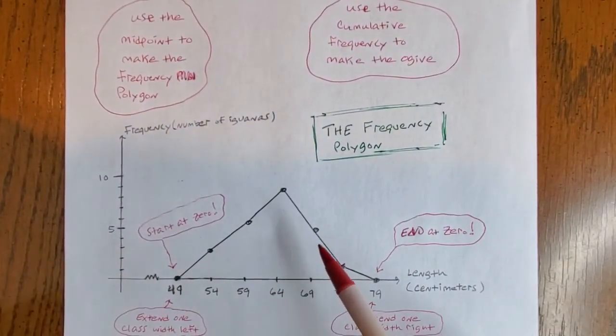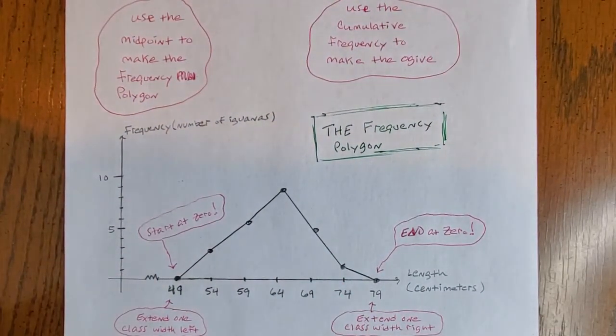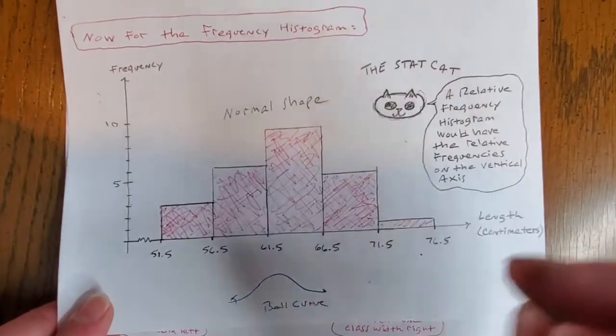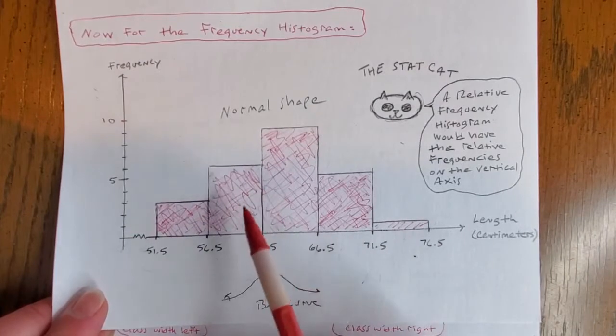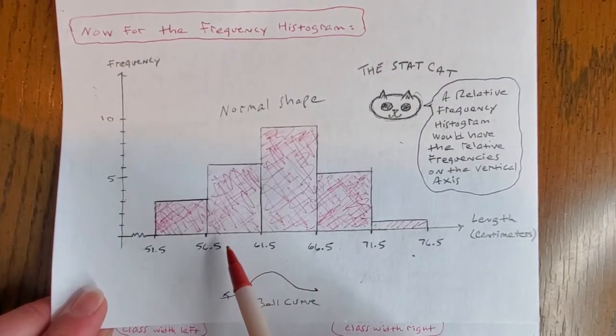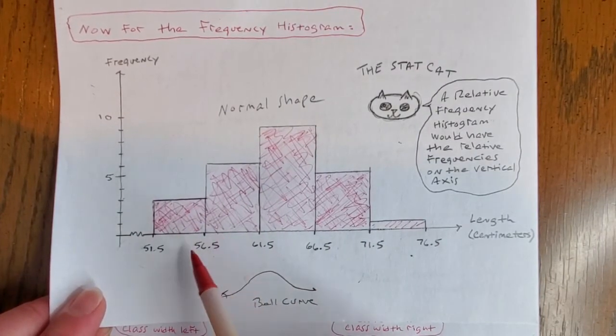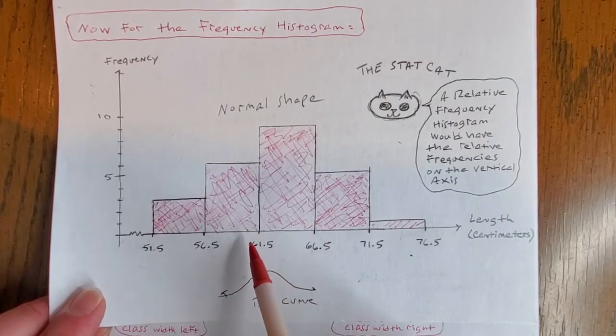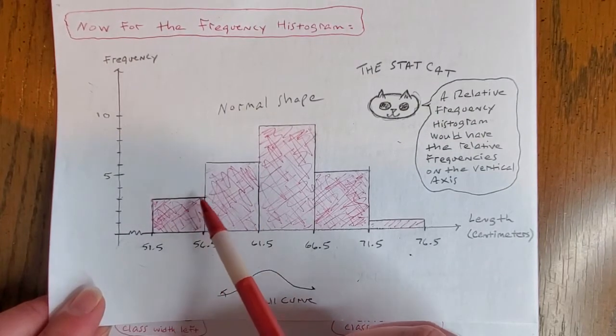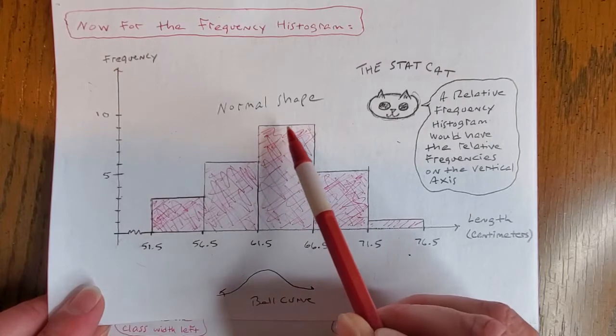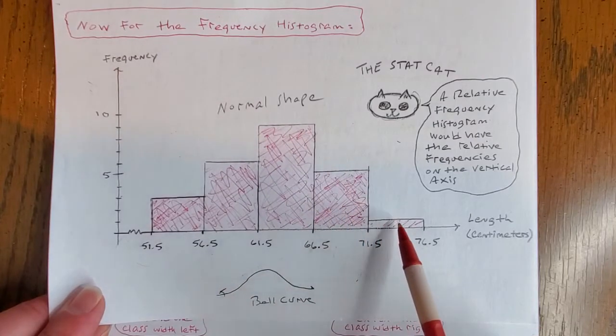The reason we do that is because if you were to look at a frequency histogram, they're real blocky, and we might think that of the iguanas between 56.5 centimeters in length and 61.5, there's probably a continuous spread where they're going up and down.